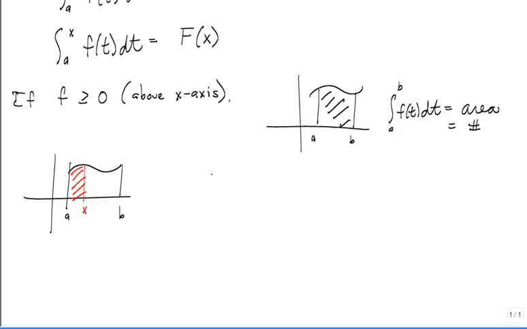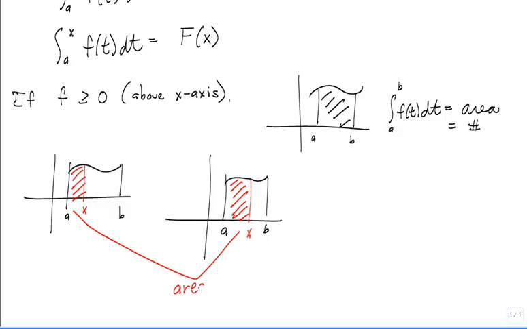But suppose we go from a, okay, here's b, to some x, and x can be anything. We can move it around. It still represents an area, but the area varies. So the area is a function of x.